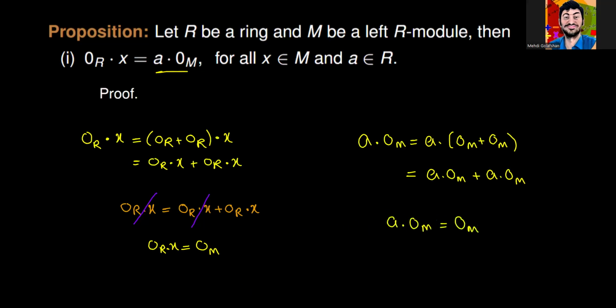So you see both of them, this one and this one, are 0_M. So this is finished for the first one, and let's go on to proving the second one.